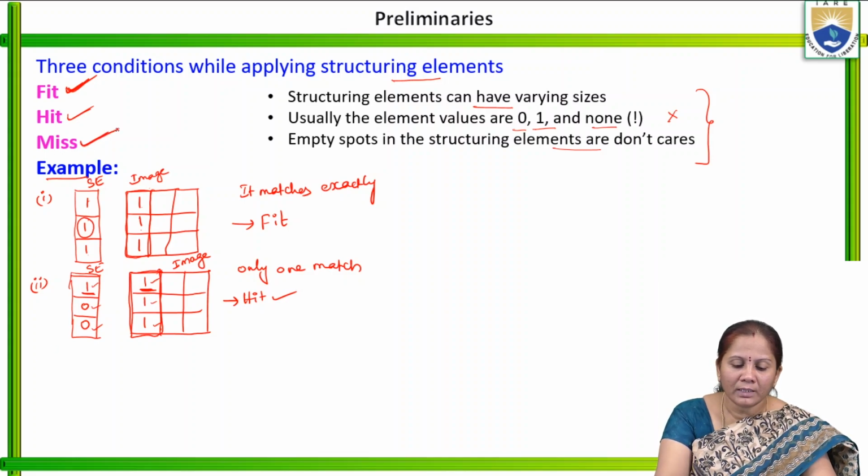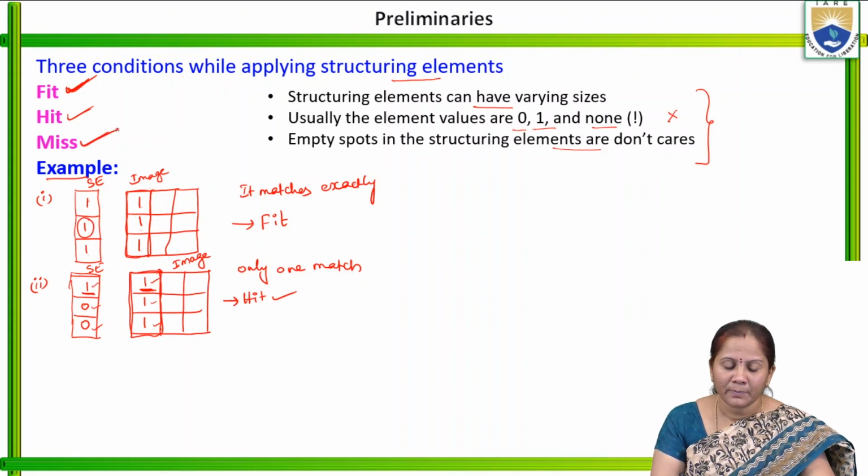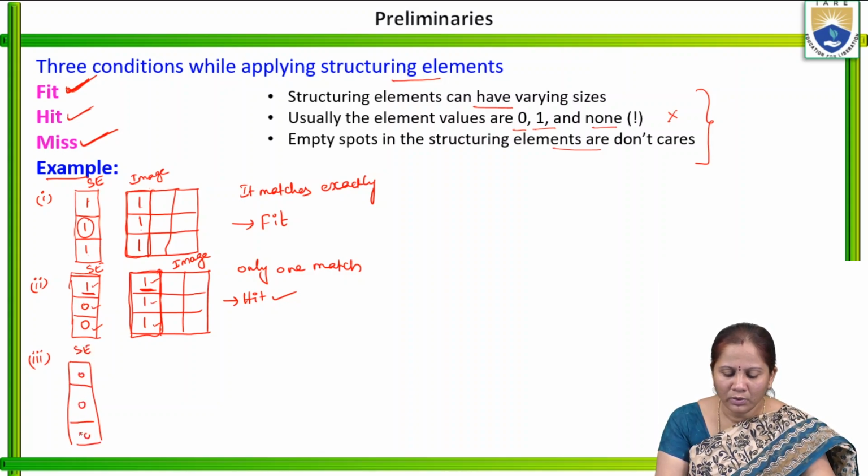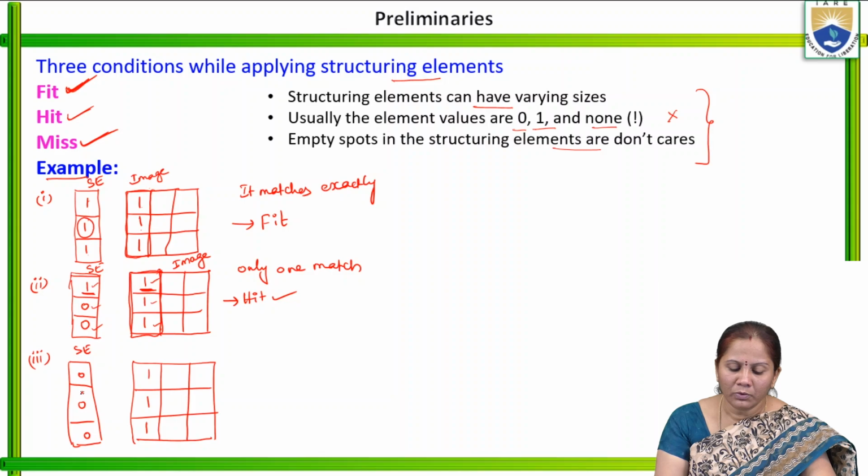Now what is the other condition? Miss. Let us consider the third case. I am taking the structuring element as 0, 0, 0, and the same image whose size is 3 by 3, with pixel values 1, 1, 1.